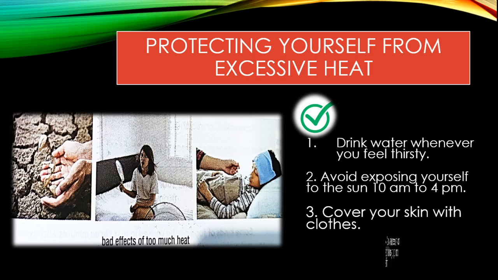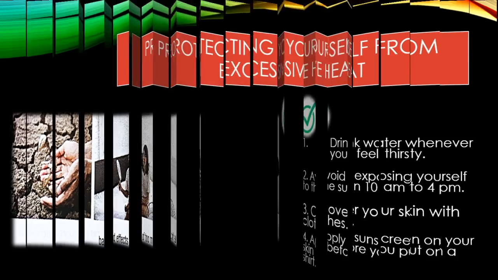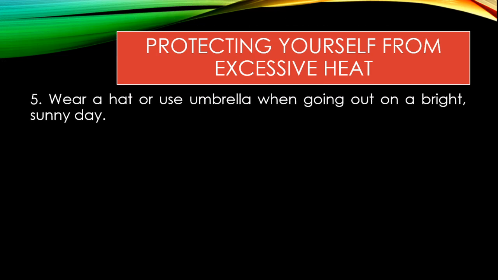Fourth, apply sunscreen on your skin before you put on a shirt. This would give you double protection against the sun's rays. Fifth, wear a hat or use an umbrella when going out on a bright sunny day. Sixth, seek shade. Use sunglasses, especially when you feel a burning sensation in your skin. This sensation means that your skin has been exposed too long to the heat of the sun.